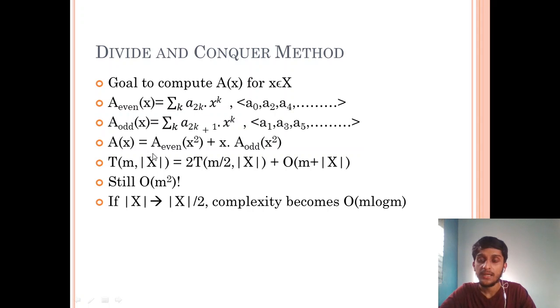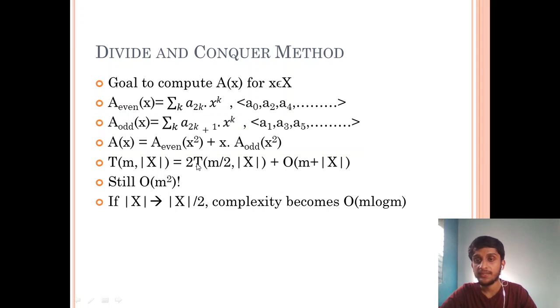Now let t be the time taken for the evaluation of the A polynomial, which has vector size m, right? So there are m coefficients in the A polynomial, and we have to compute it for a set x with this dimension.